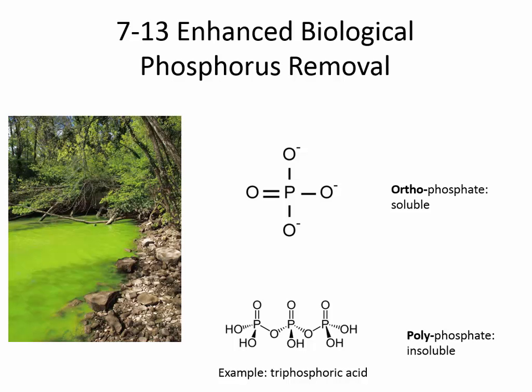Orthophosphate is the one that gets into the water and dissolves. Polyphosphate either has to be precipitating, which means it's going to form a salt that settles out of solution, or polyphosphate can be inside of cells. So a microorganism that incorporates phosphorus into its cell mass, it's doing that in the form of polyphosphate.